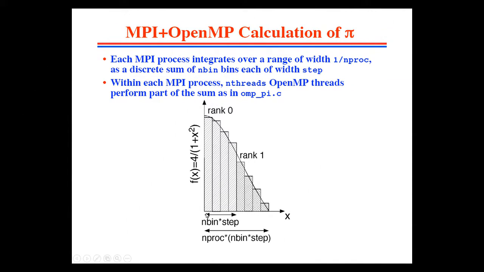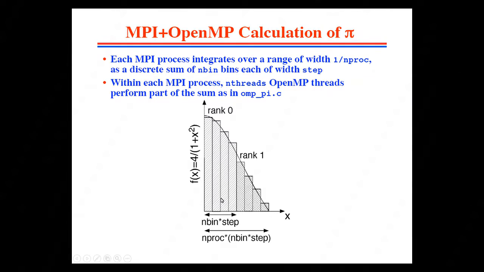For example, here in this part. And with this MPI process, we'll create a team of threads, where each thread will work on part of this part, right? A part of this part.